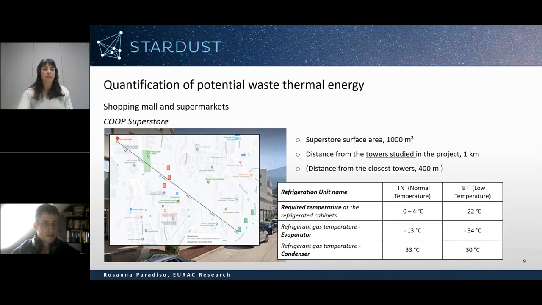They gave us information about refrigeration units, because the electricity consumption for the refrigeration of the cabinets within the supermarket was very important.